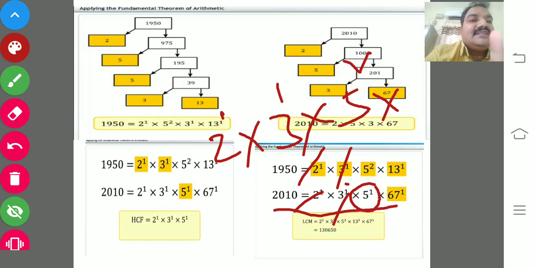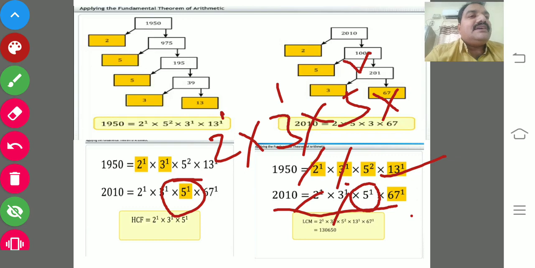Whereas in HCF you take the lowest power, in LCM you take the highest power. So between 5 square and 5 power 1, you take 5 square. And 13 power 1 is here, but not in the other, so you take 13 power 1. Here 13 is repeated one time as a product, there 0 times. So 1 is greater than 0, that's why you take 13 power 1.